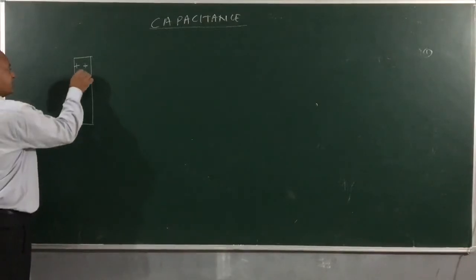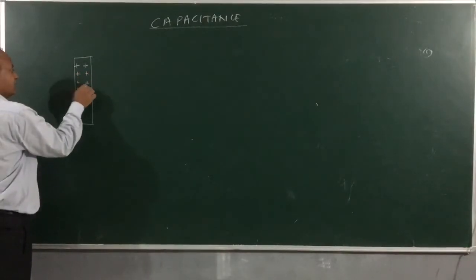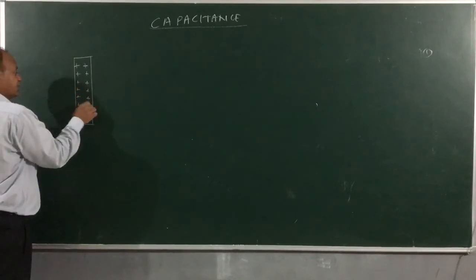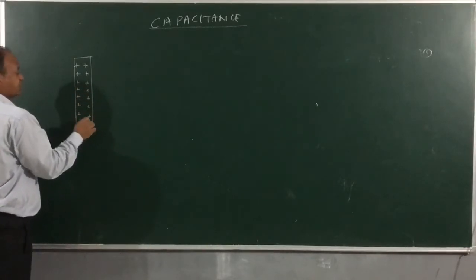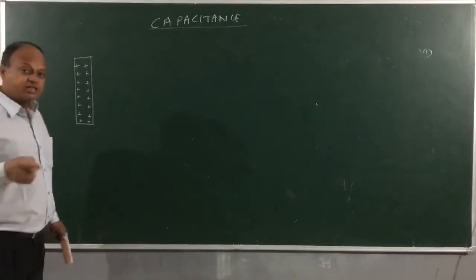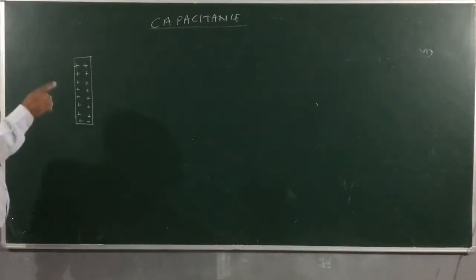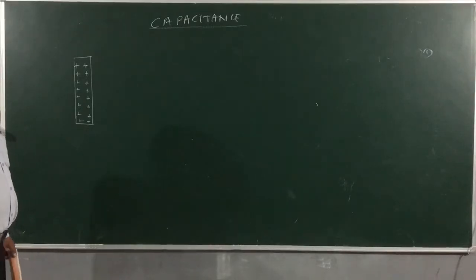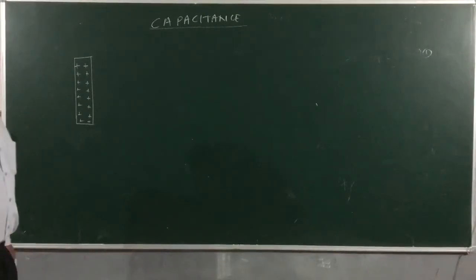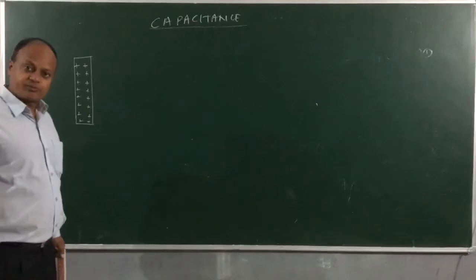Now I go on charging, and you can see that the potential will go on increasing. So what we see? The more we charge, the more work we do, and the more the potential. So if I delete the work term, then I can say the more the charge I transfer, the more the work I do.